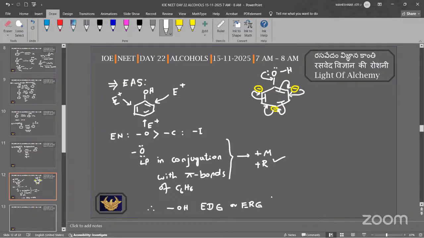So electron releasing groups or electron donating groups are ortho para directing groups, because the incoming electrophile attacks at ortho position and para position. So in phenol, the OH group is also an example of an ortho para directing group.